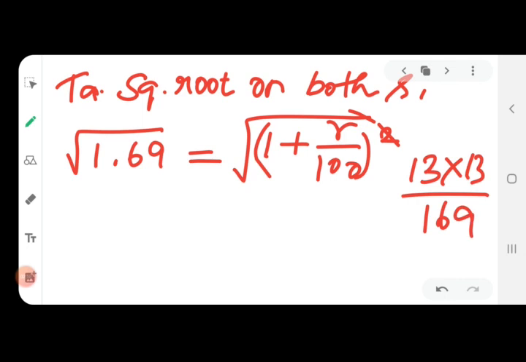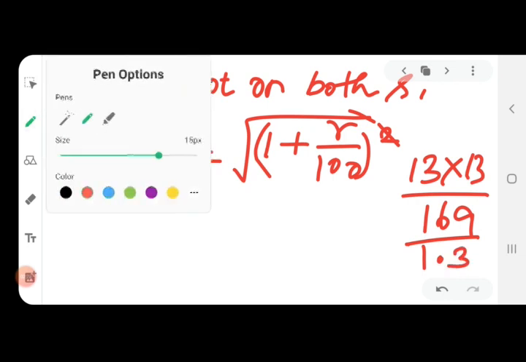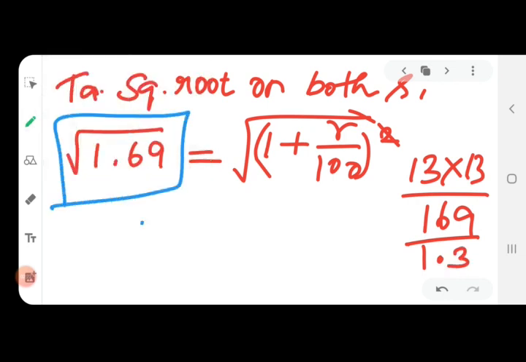So here we can write the square root of 1.69 as 1.3. Clear? So now we have 1.3 equal to 1 plus R by 100, as I said, square root and power square will be cancelled.